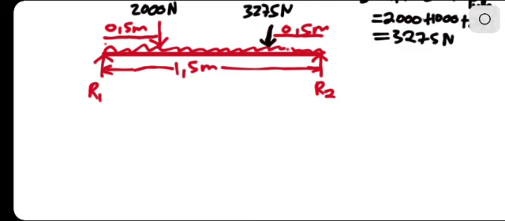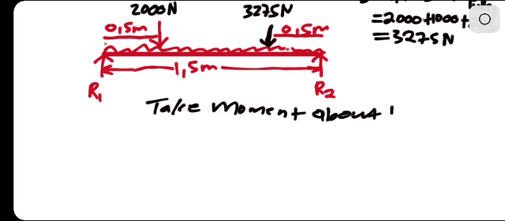I can take the moment about reaction 1, R1. So we know that when you take the moment, the sum of the clockwise moments or the sum of the anti-clockwise moments is up to you. Which one do you prefer?